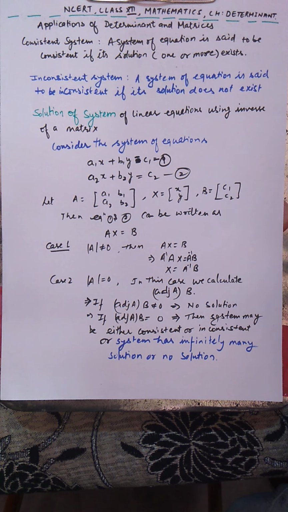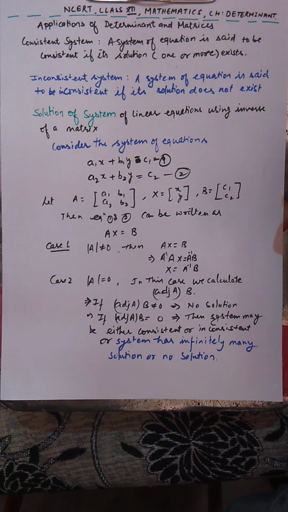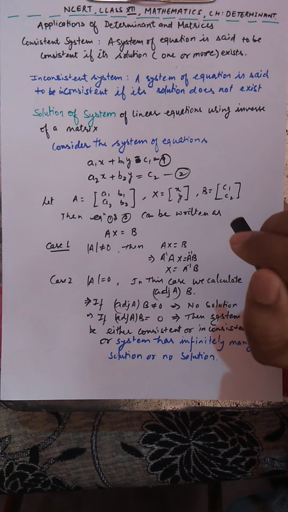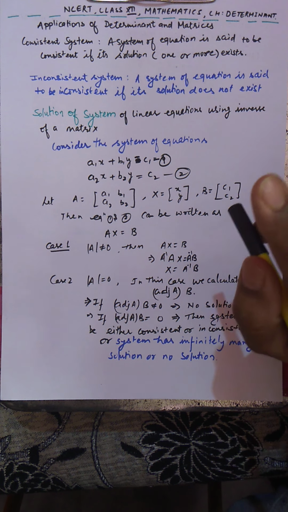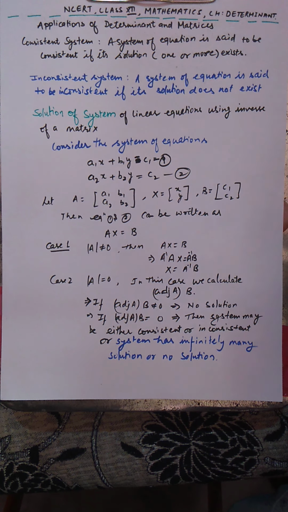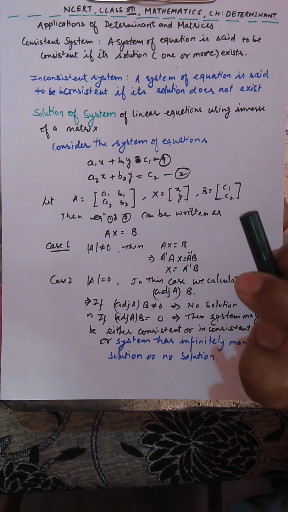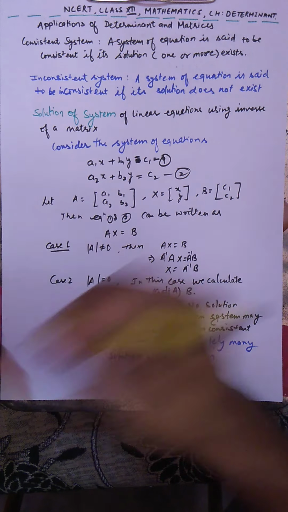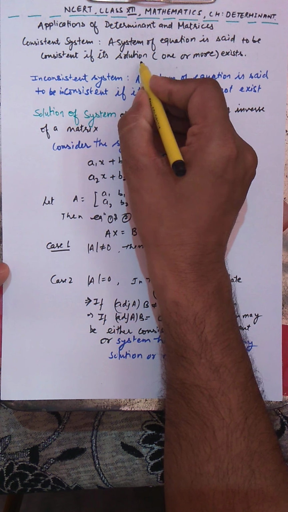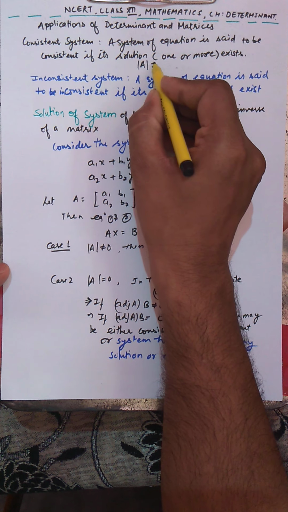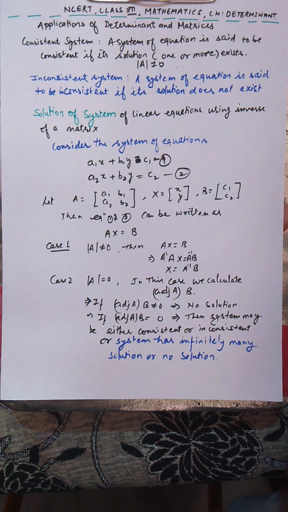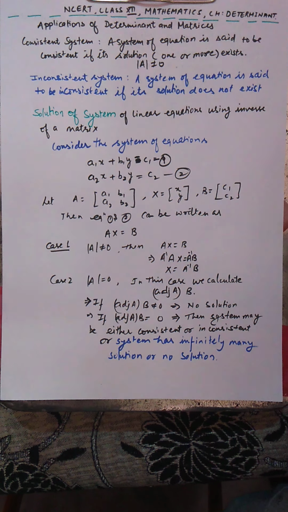Its solution exists means the solution can be one or it can be infinite. As in class 10th, whether you have unique solution or infinitely many solutions, in both cases the system of equations was consistent. And one more thing we can discuss: determinant of A is not equal to 0 in case of a consistent system.